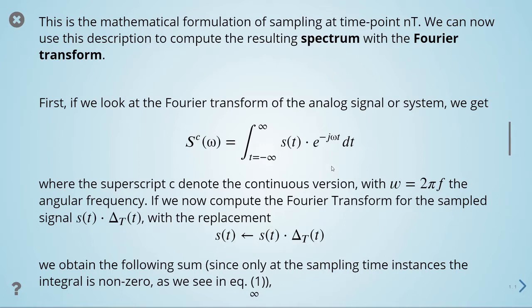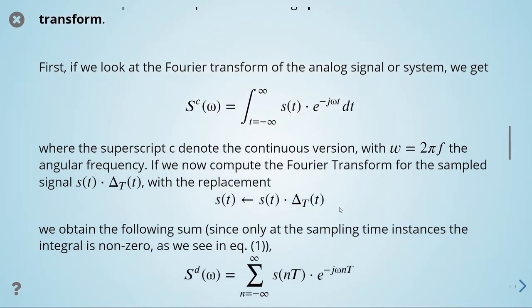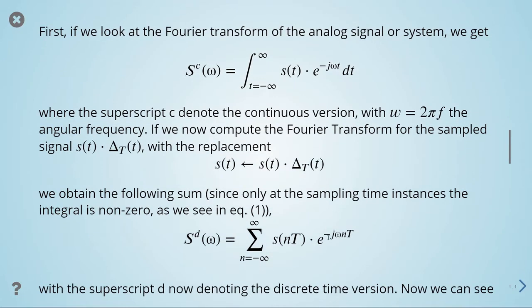So if we now compute the Fourier transform for the sampled signal, so we are multiplying our signal with the Dirac sequence, the train of Dirac impulses, we can make this replacement. So we substitute this s of t by the sampled version, so it's s of t times this Dirac sequence. So we replace here, and we will obtain the sum, because only at the sampling time instances the integral is non-zero.